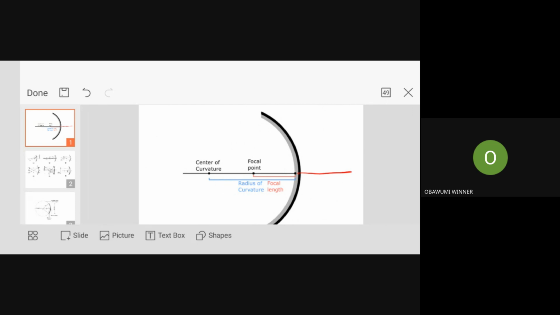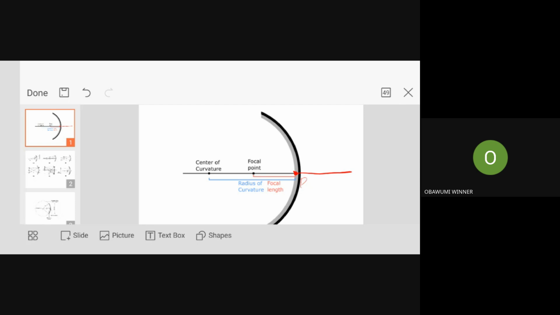In this concave mirror, the black region is the silver coated region, and the side that is ash in color is the reflecting surface. Now, there are a few things I want to define anytime you are dealing with a concave mirror. This point here is called the pole of the mirror. Usually it's labeled P, even though it's not labeled in this diagram.